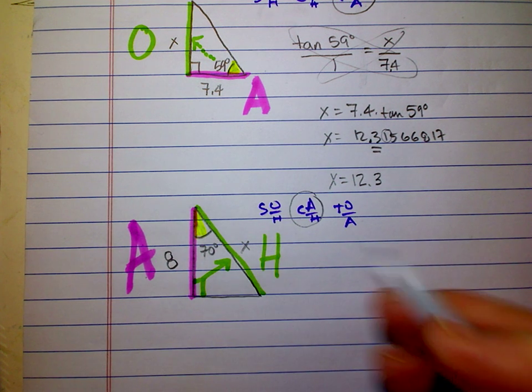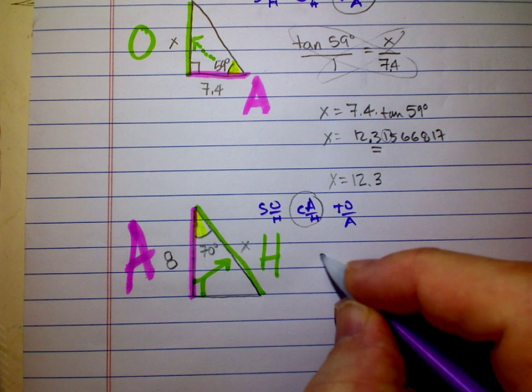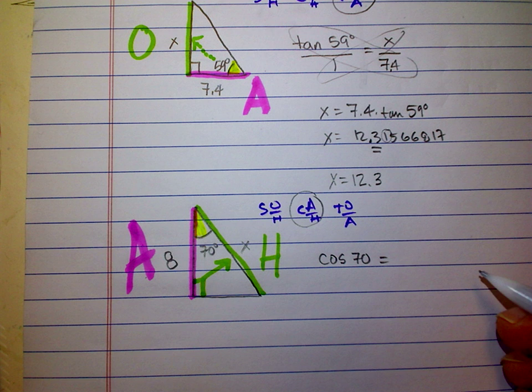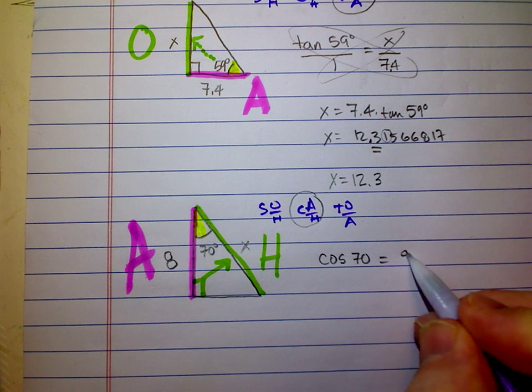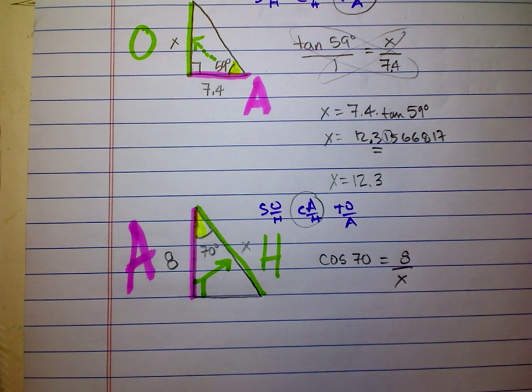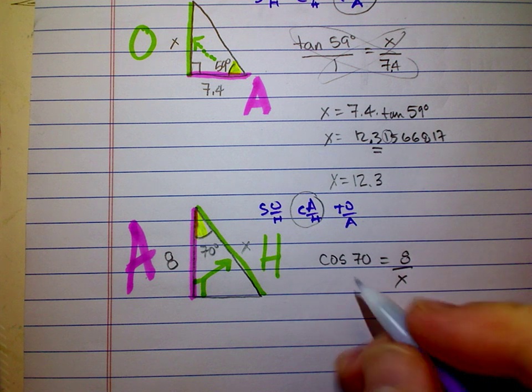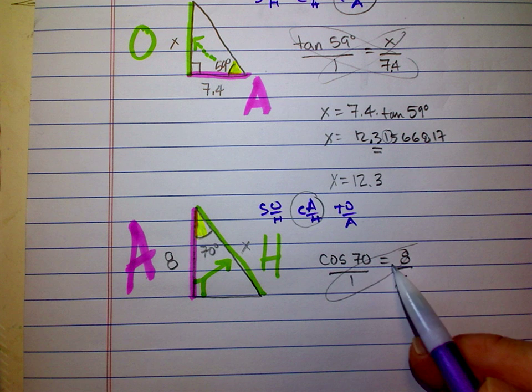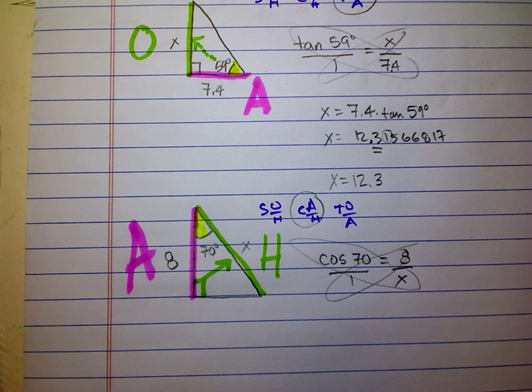We have an A and an H. So we'll write our trig ratio, cosine of 70 equals the adjacent, 8, divided by x, the hypotenuse. Write this as a ratio, which again will require us to cross multiply and divide.